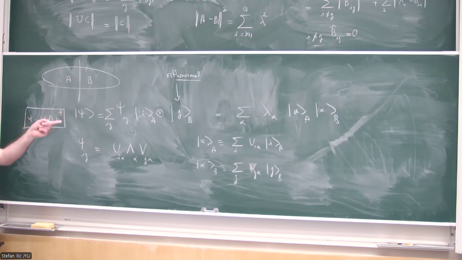Take these two states, complete them with orthonormal states on the two sides, and I will just get the decomposition. So there is a strict equivalence between being unentangled and having only one non-zero singular value. Okay, we can continue a bit.